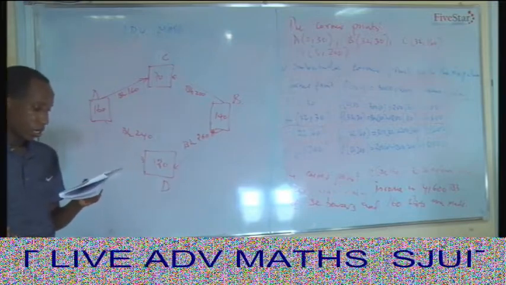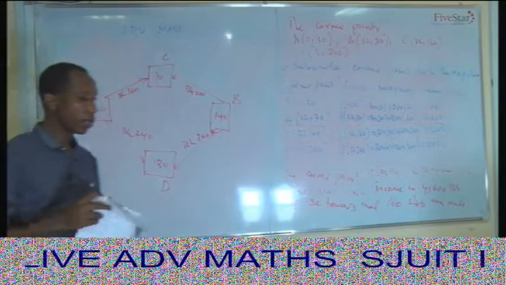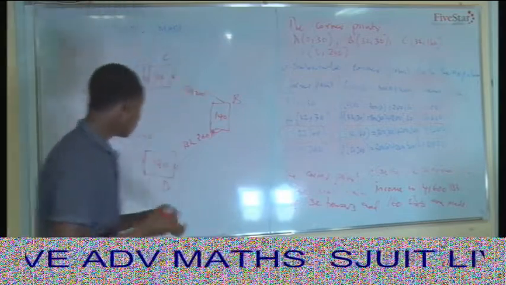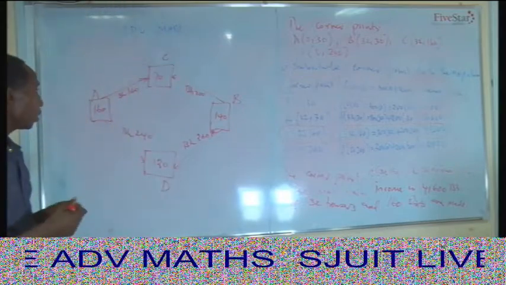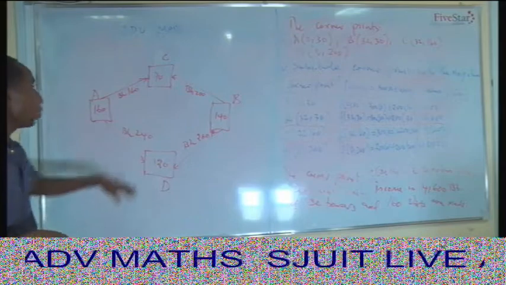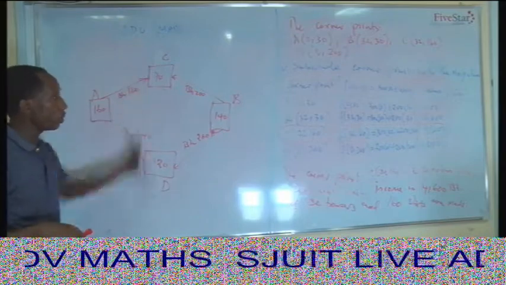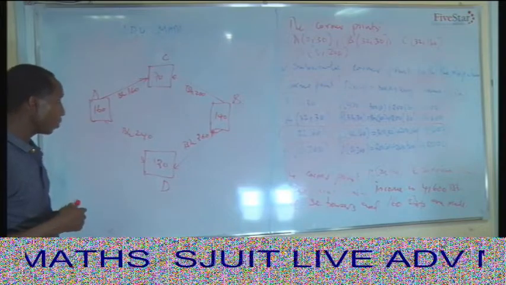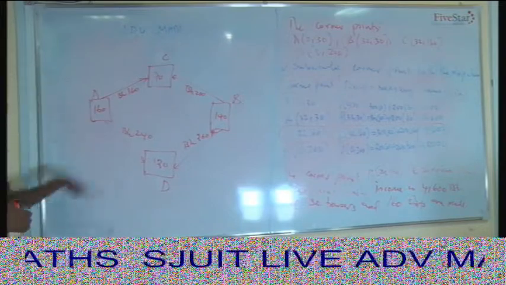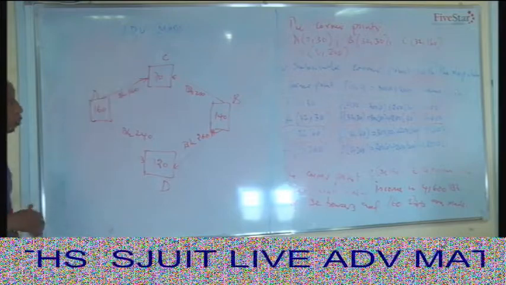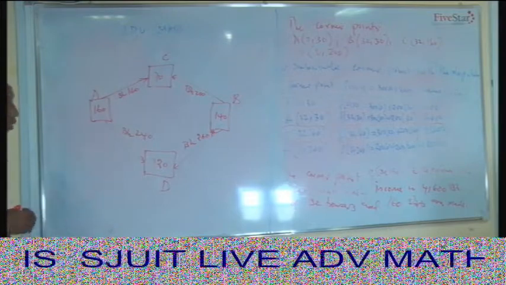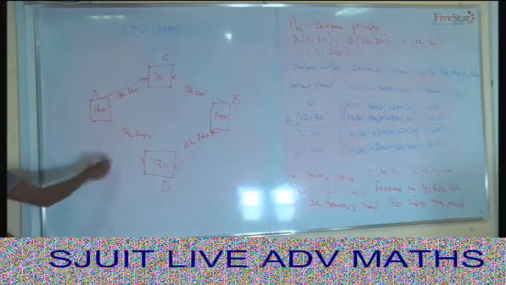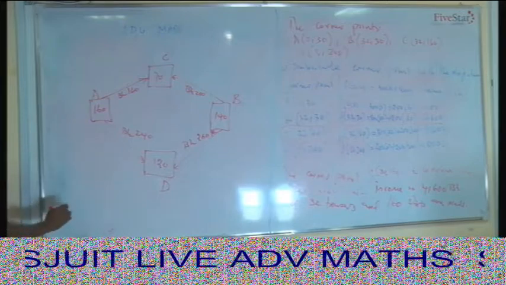Okay. The question is, find all the inequalities associated with the problem and the objective function of this problem. So we need to find all the inequalities which are associated with this problem, and then we need to find the objective function. Now, because this is just a word problem, we can transform it to an algebraic problem by representing each of the units by variables.